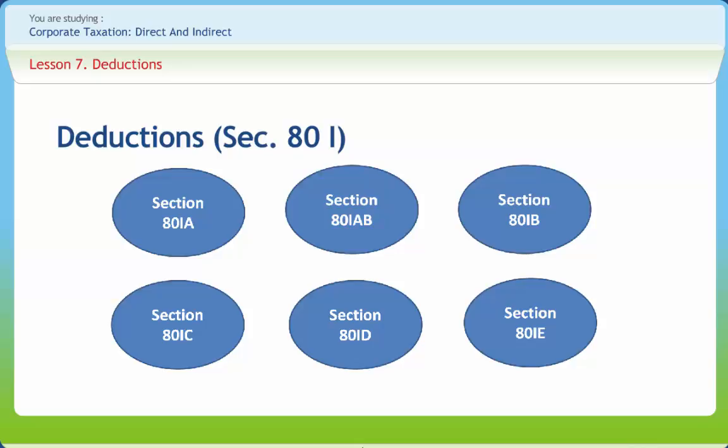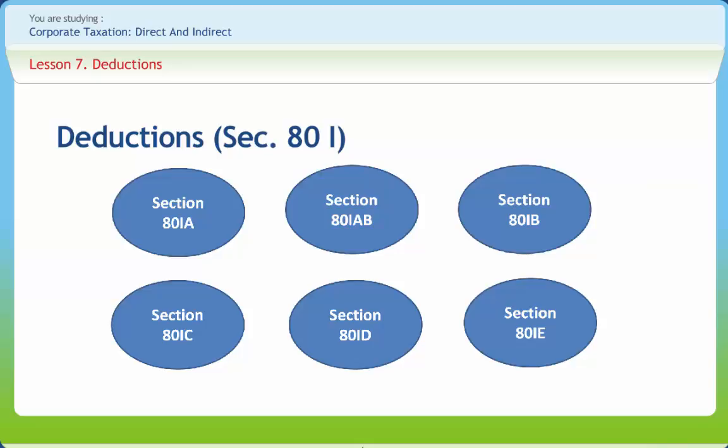This section applies to an undertaking referred to in Clause 4 of subsection 4, which fulfills all the following conditions, namely, it is not formed by splitting up or the reconstruction of a business already in existence. It is not formed by the transfer to a new business of machinery or plant previously used for any purpose. It is owned by a company registered in India or by a consortium of such companies.